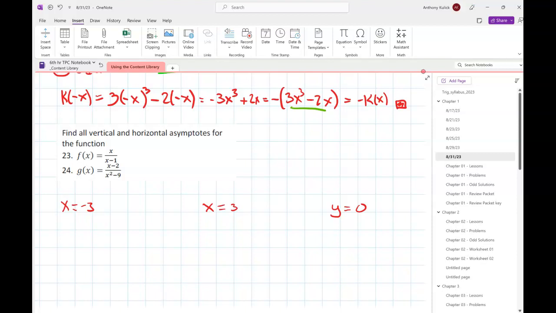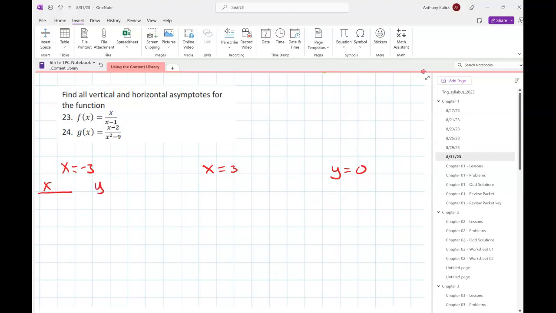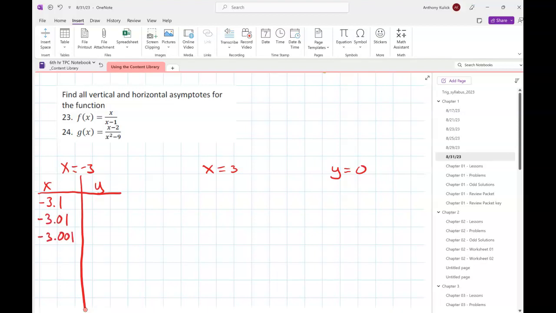So now that I've identified these from the graph, I'm going to confirm them with a table, right? So for negative 3, I'll make an xy table. And I'll start by picking some x's that are a little less than negative 3, but get closer and closer to negative 3.